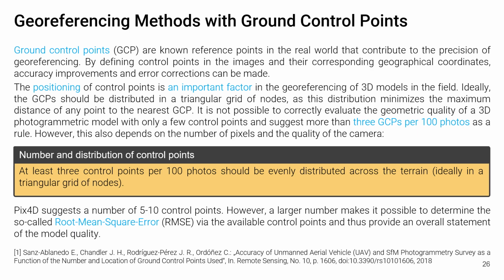Ground control points are known reference points in the real world that contribute to the precision of georeferencing. By defining control points in the images and their corresponding geographical coordinates, accuracy improvements and error corrections can be made. The number and distribution of control points have a direct influence on the quality of georeferencing.